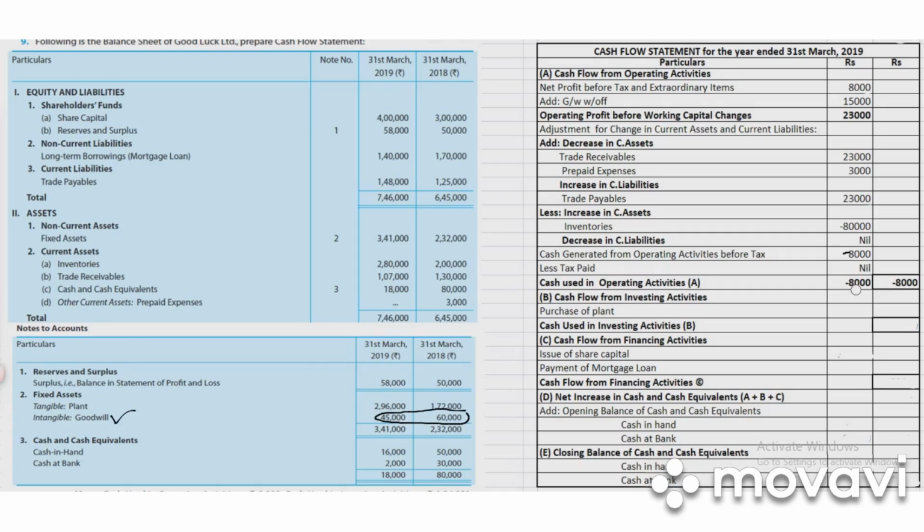So if the figure is negative, you write used in. If it is positive, you write from, cash from operating activities. So here I have written cash used in operating activities since it is a negative item. The same 8,000 is written here so that it will be very clear. So this is the first section.